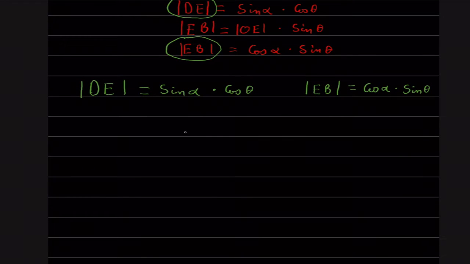So let's start by saying CA is equal to DB.